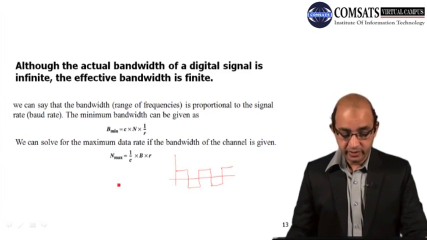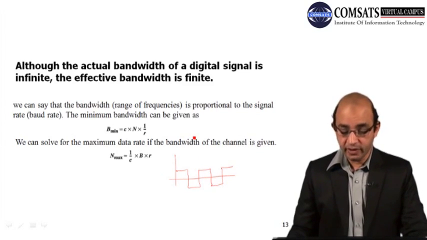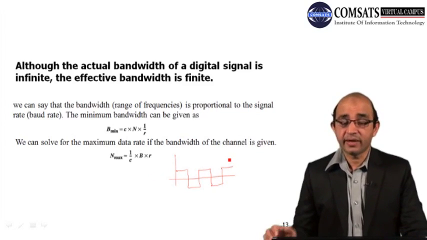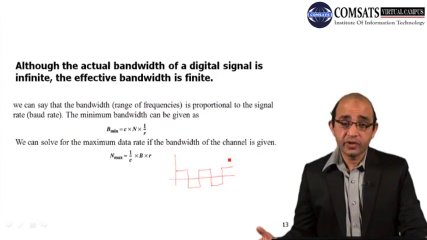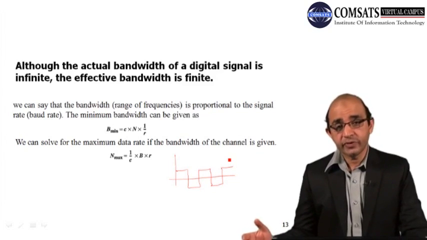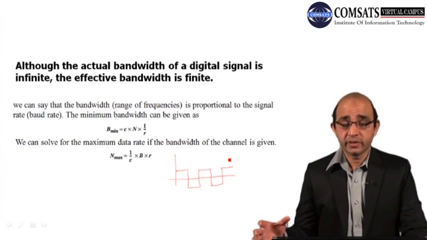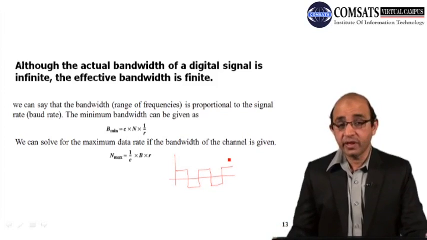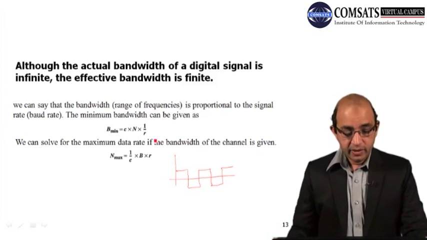We have to be very careful that if we talk about the Fourier, there are a lot of different components within this signal, but there are some components that are effective. So that's why we ignore the rest of the components. We take the components which are actually contributing the maximum power within that signal, so we ignore the other frequency components.